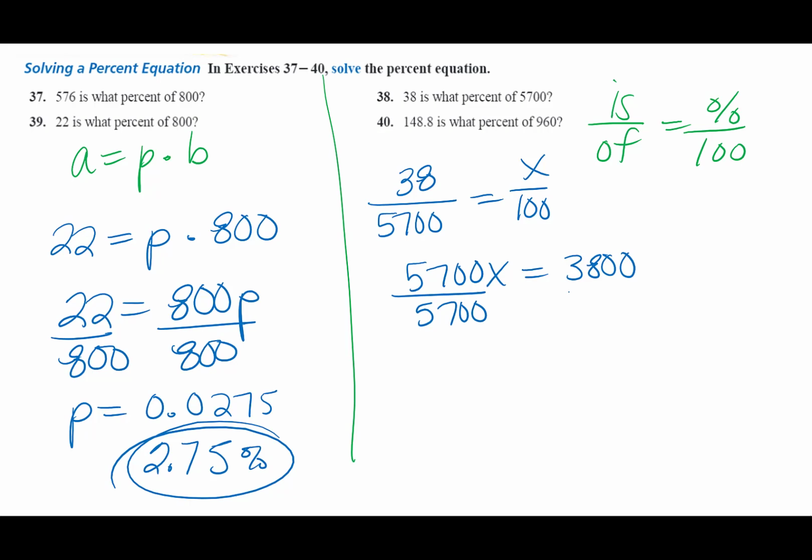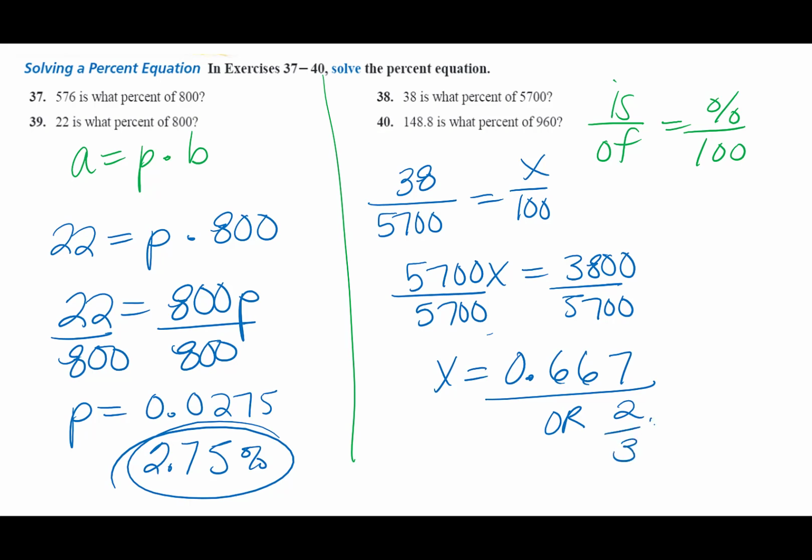Divide both sides by 5,700 to get the decimal 0.6666 repeating. Now, if you're using the is over of method, this is the answer. This is the percent, because we did not convert it to a decimal, even though our answer is a decimal. You should be able to type in this decimal, or if you know what that decimal represents, it also represents just the fraction 2/3. Either one of those answers should work.